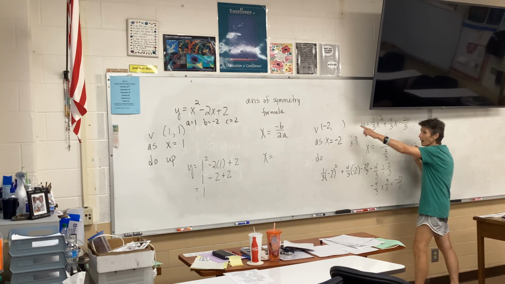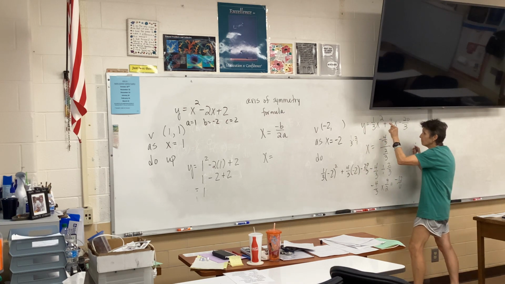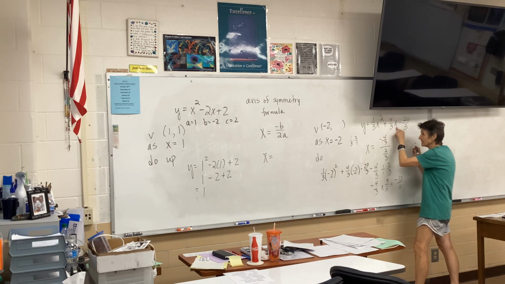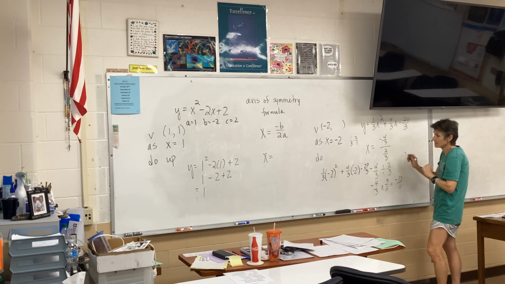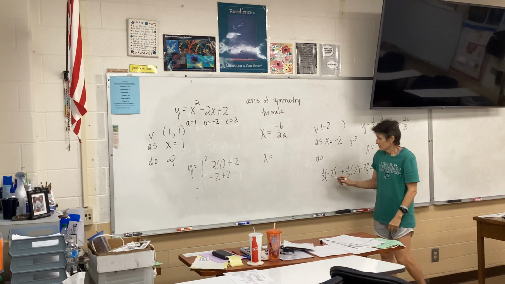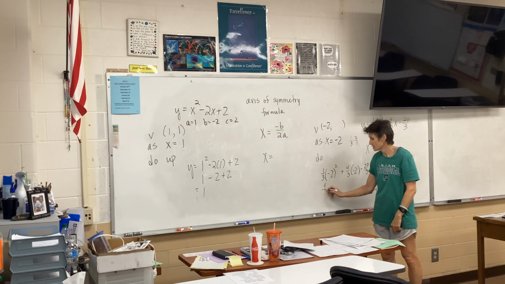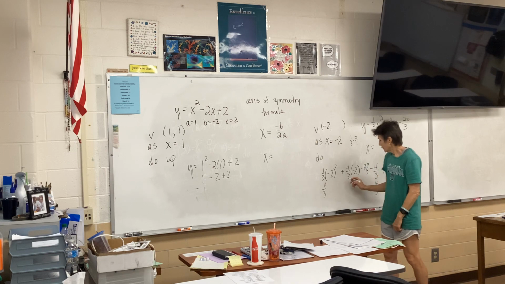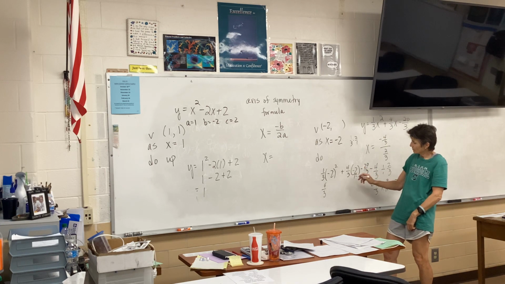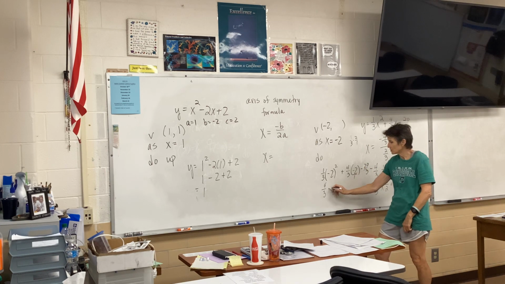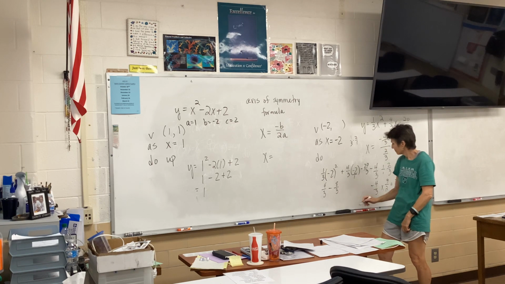To get my y-coordinate, I put my x-coordinate back into my equation for the x's. So this is 1/3 times 4, which is 4/3. This is 4/3 times 2/1, which is -8/3, and that's -20/3.